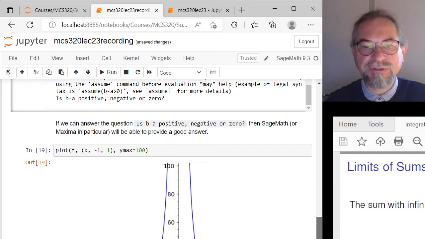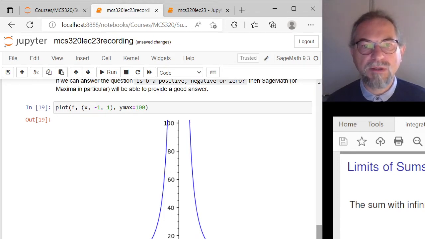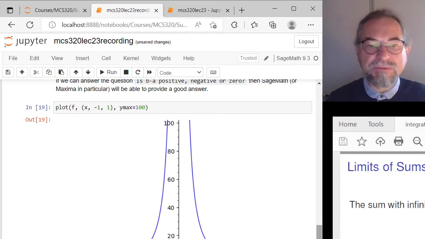Otherwise you would not get a good plot, because the value goes all the way to infinity. Okay, so there is a singularity. In particular, the function does not exist at the origin, so we can't really evaluate the function there, also not the antiderivative.